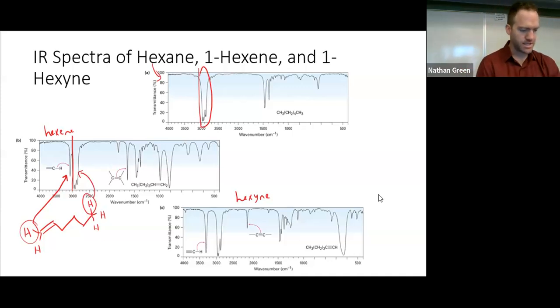We can use this, and then same thing over here. My sp carbon hydrogen bond shows up really far away from that line at 3000. So we're just looking at where these peaks show up around 3000 to show us what kind of CH bond is present. In this case, I can tell an alkane from an alkene from an alkyne by using IR.